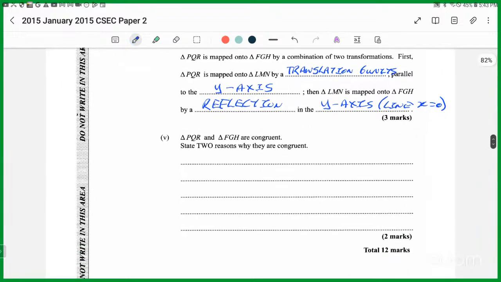Down here now, it says PQR and FGH are congruent. Congruent triangles are triangles that are equal in every way. State two reasons why they are congruent. All angles equal and all sides equal in length.